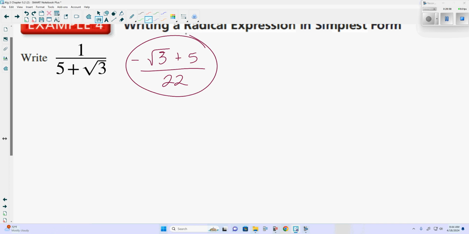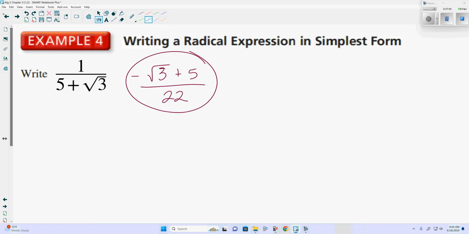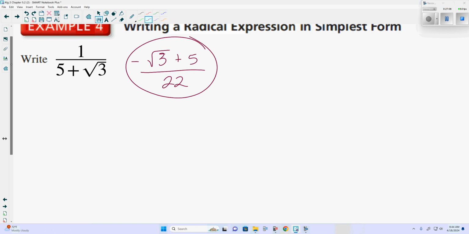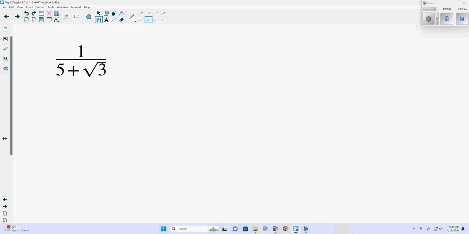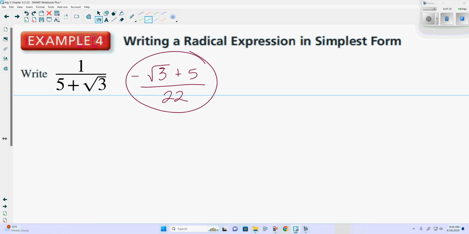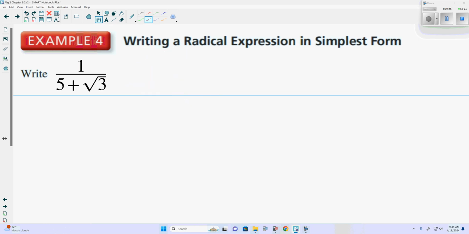You can do it in the calculator. Now, the way this works, because that is the answer, I'm going to show you this here.